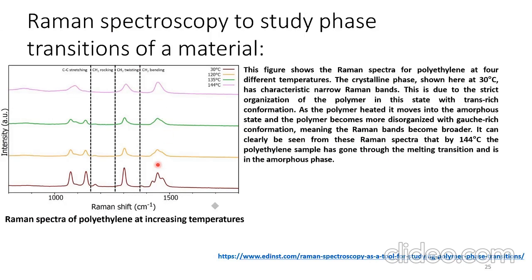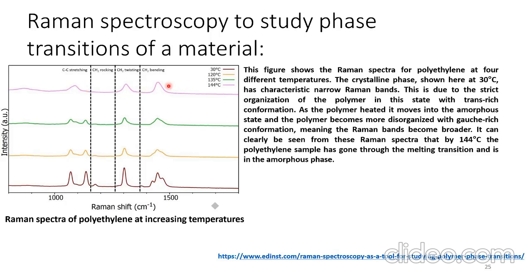Here, an example of polyethylene is shown. This polymer is heated up to 144 degrees Celsius. As the temperature is increased, the peaks become broader. Some peaks got diminished, and the others became broader.